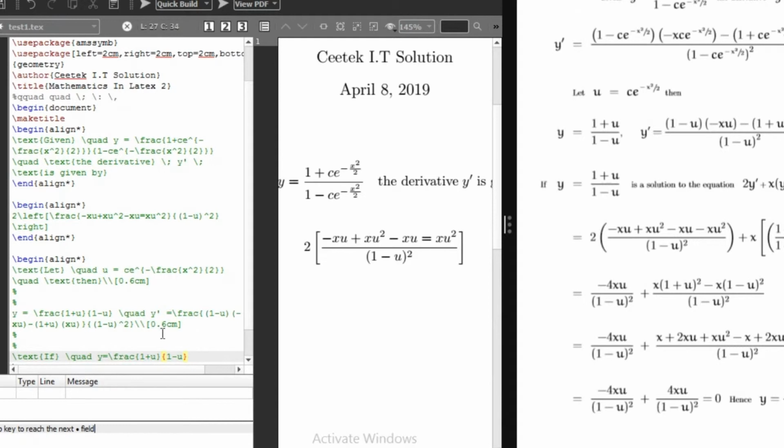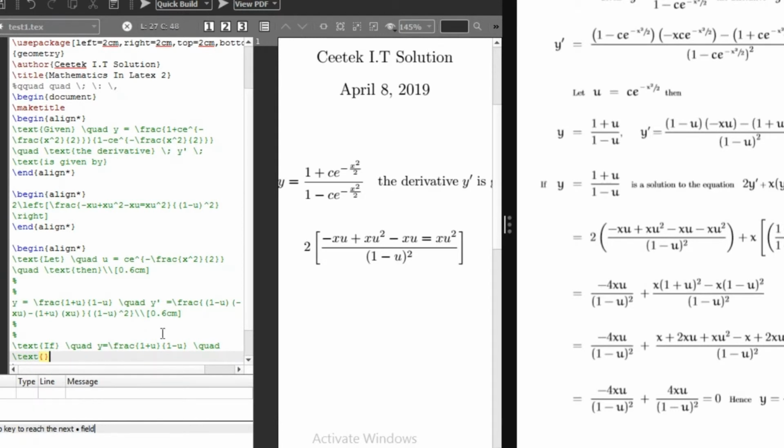So you have another text, so let's leave space first, so quad, then text, and then is a solution to the equation, then quad.